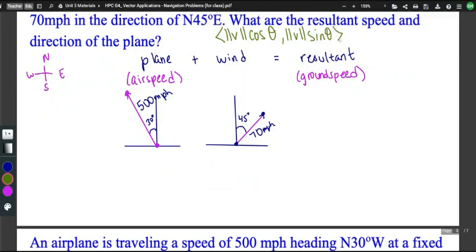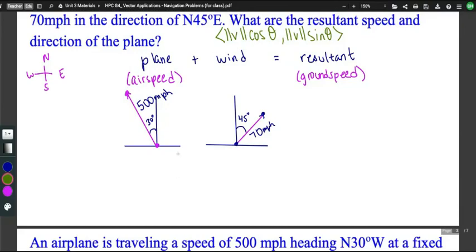But that angle has to be our angle in standard position. We were not provided with our angle in standard position. We were provided with our angle in the context of north, south, east, and west. So in order to do our calculations, we have to decontextualize this information. The picture can help me do that.